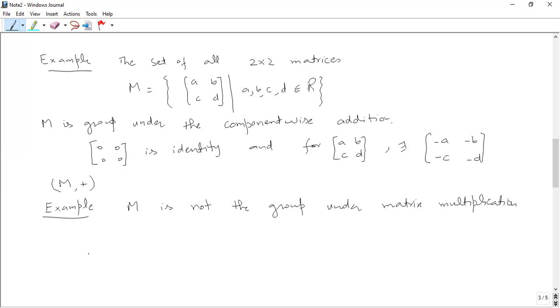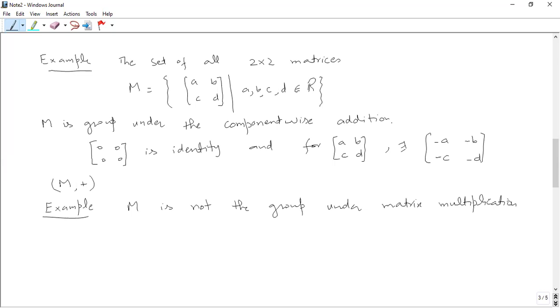The associative law also holds, and the identity also belongs to M, but the inverse of every element does not exist, or we cannot find the inverse of every 2 cross 2 matrix. We can find the inverse only for those 2 cross 2 matrices which have non-zero determinant.